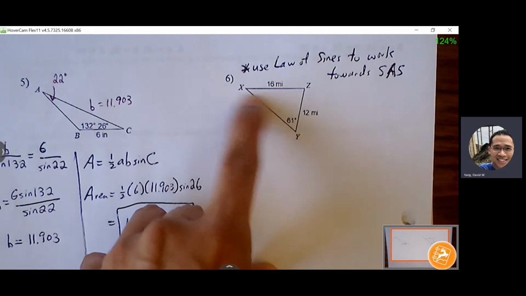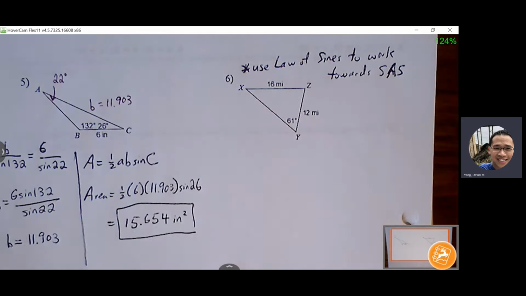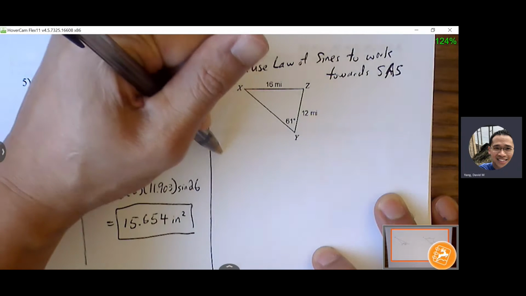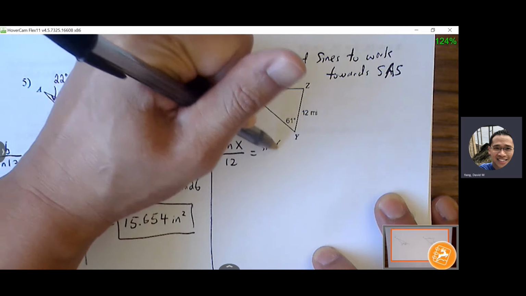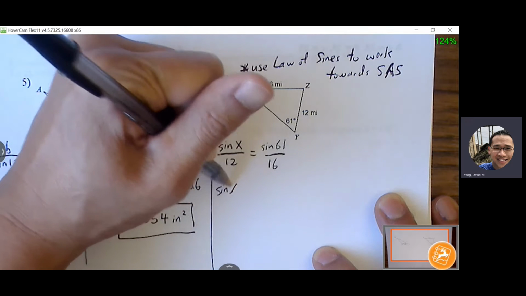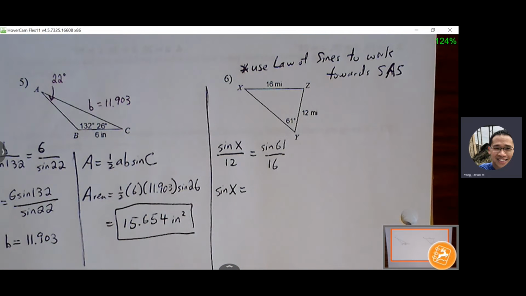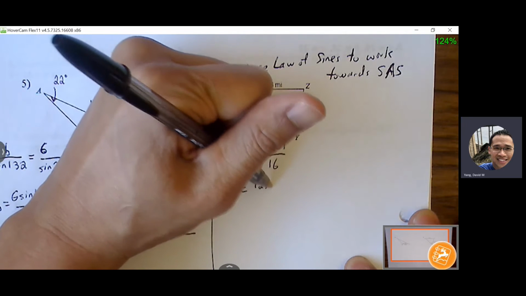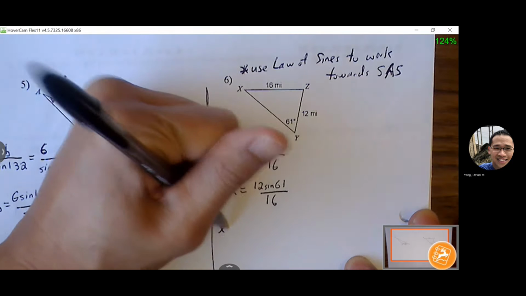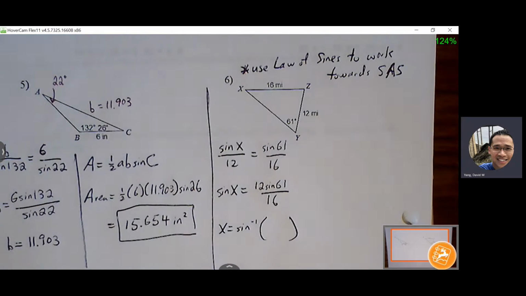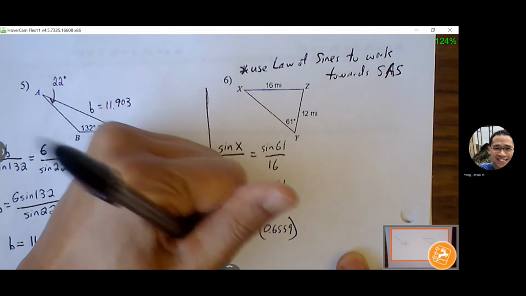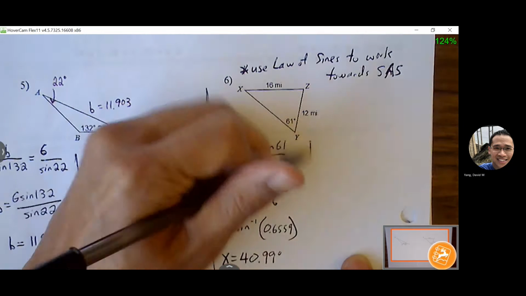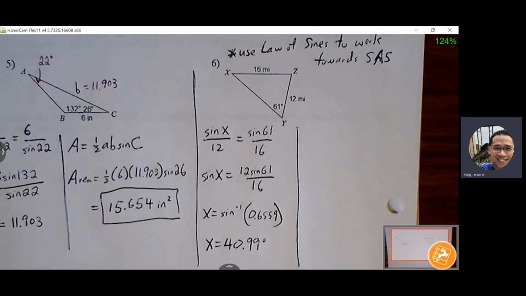I can say sine of x over 12 is equal to sine of 61 over 16. Okay, you guys get 41 degrees, 40.9 degrees.